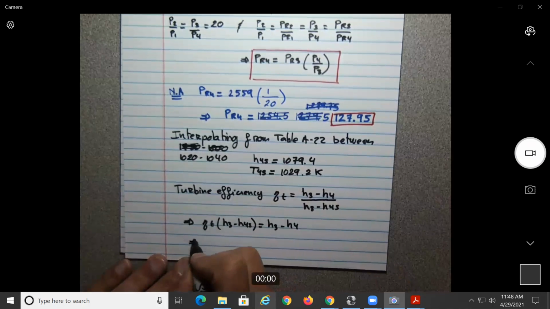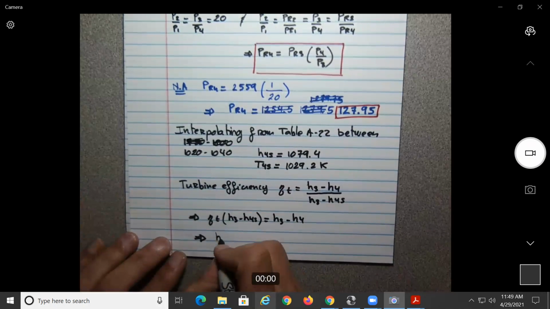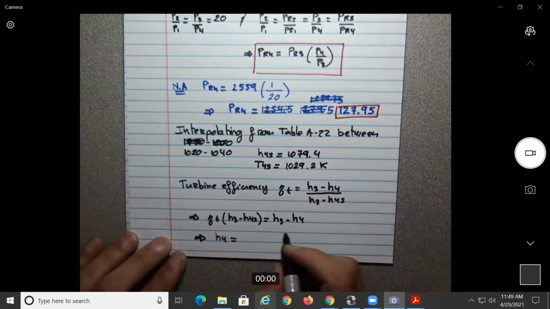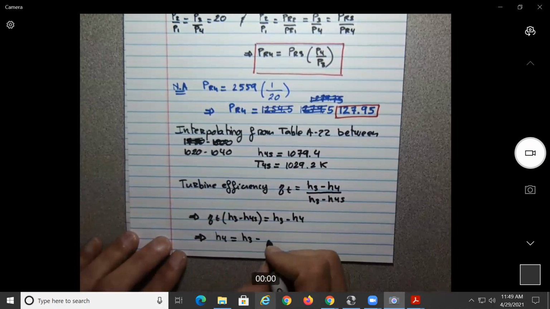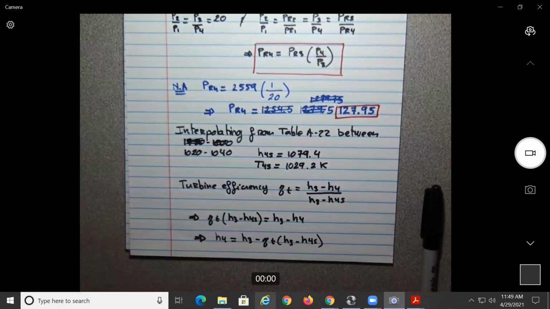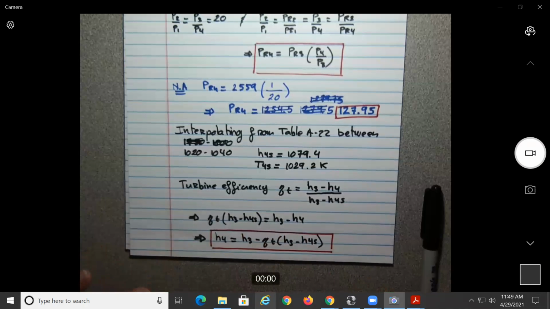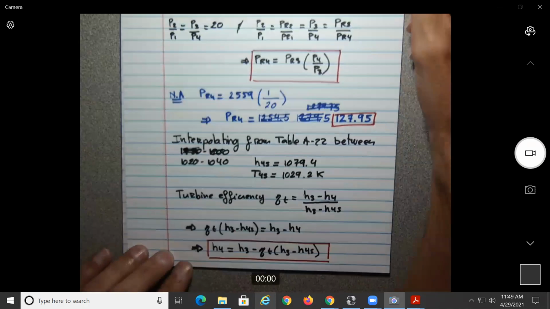Or from here, we can get that H4 will be equal to what? H3 minus the efficiency of the turbine times H3 minus H4S. I want to put H4 on the left here.